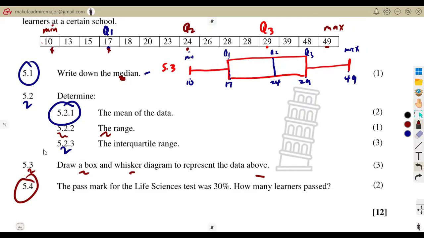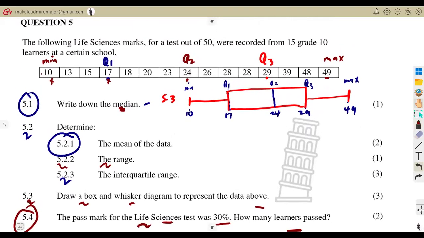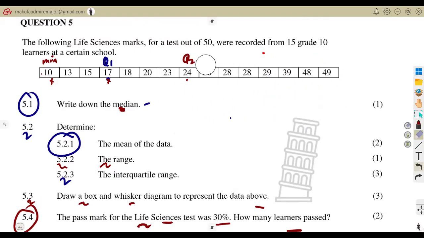The pass mark for the life sciences test was 30%. How many learners passed? We have a 30%, guys. You have passed. So the question is, how can someone have 30%? This test is out of 50.